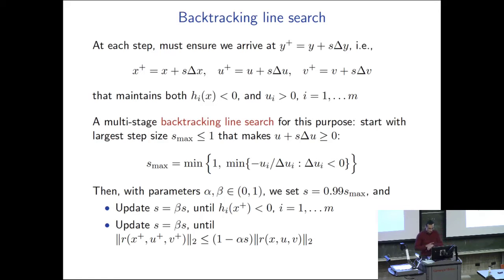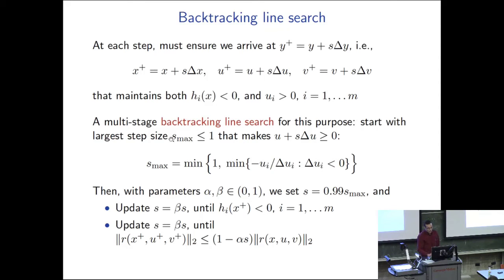So what does backtracking look like? We're going to choose a value of s, move each of our primal and dual variables in their appropriate directions by an amount s, and we want to make sure that we keep hi of x strictly less than 0 and ui strictly larger than 0. And we use something called multi-stage backtracking for this.